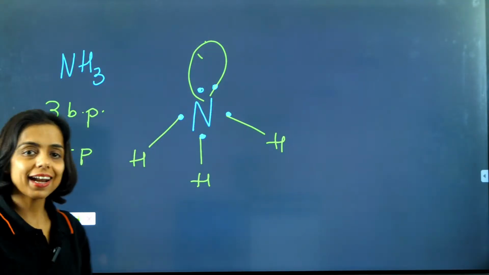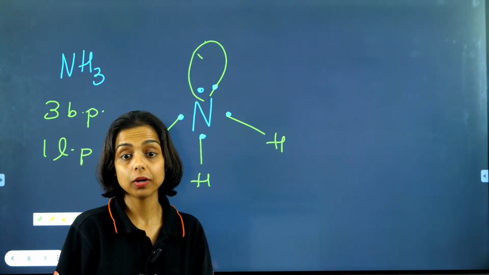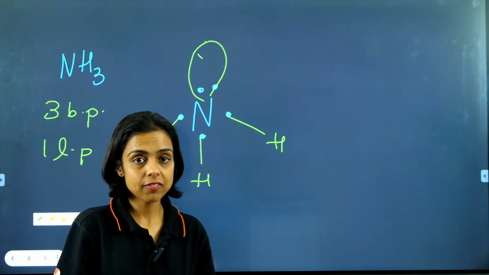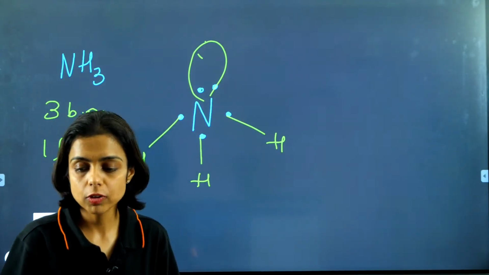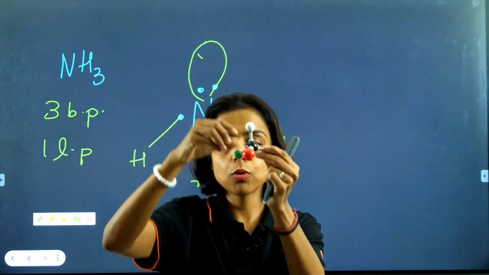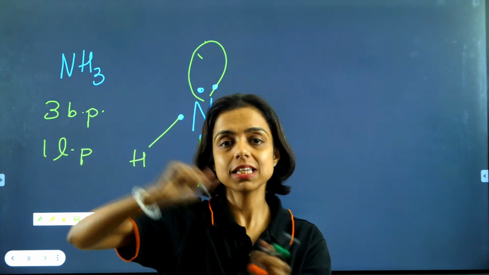Now they will arrange tetrahedrally. The geometry of the molecule is tetrahedral because 4 electron pairs can have a maximum angle of 109.5 degrees. So they will arrange like this only. But how will the molecule look? This is the tetrahedral shape, guys, see, if all 4 are bonds. Now let's see, there are only 3 bonds, and 1 electron pair is inside the atom.